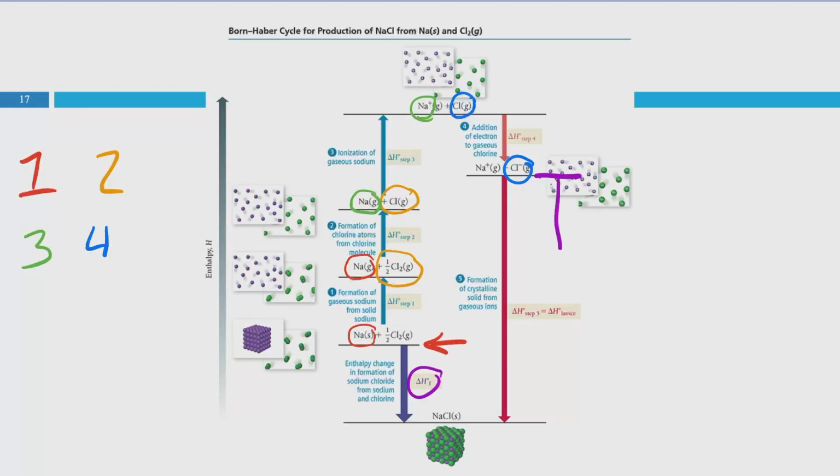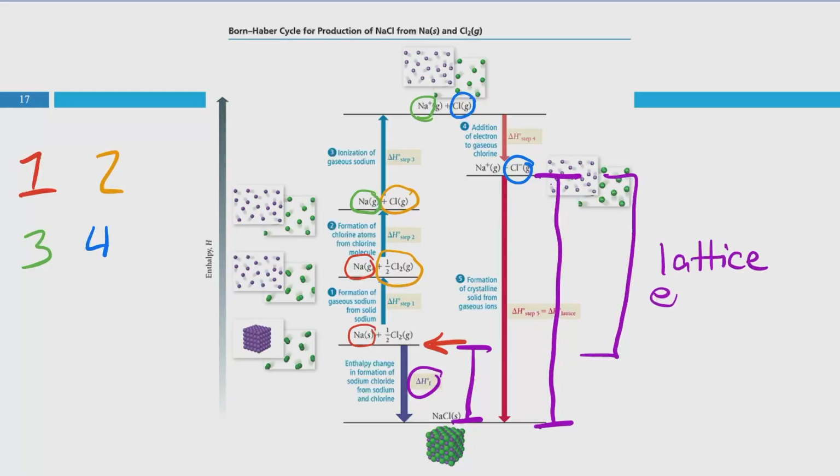So we're comparing those two purple bars. And the difference is the lattice energy. So that's the extra stability because of the lattice.